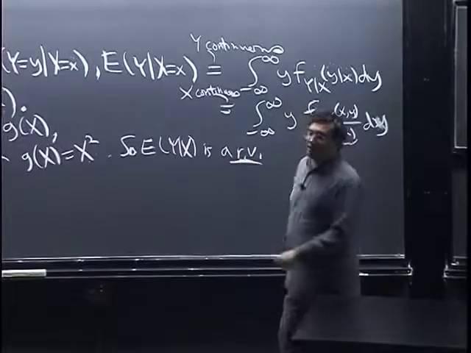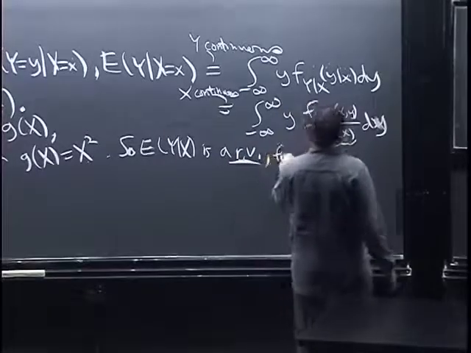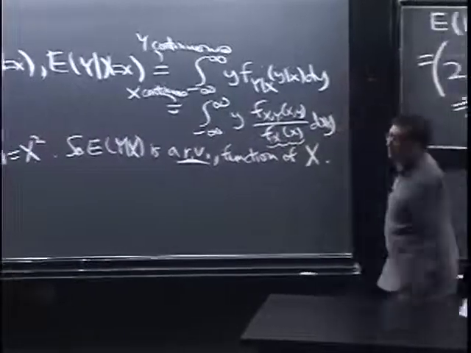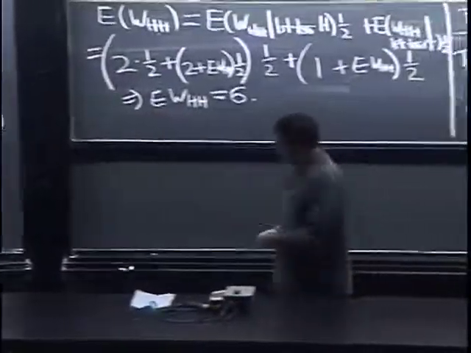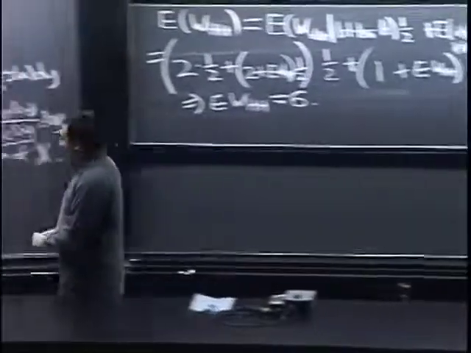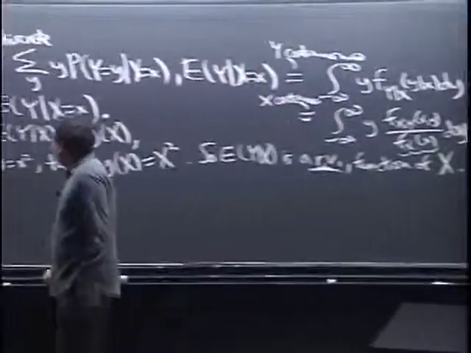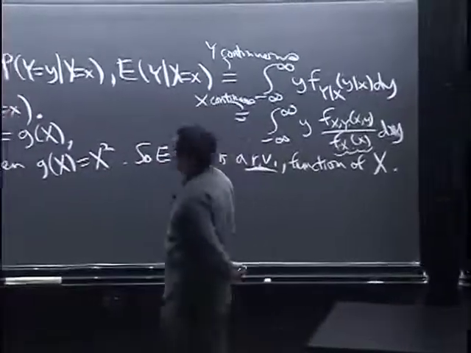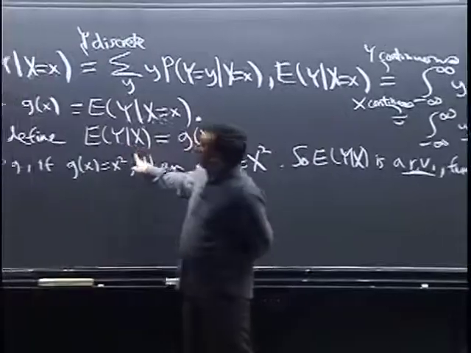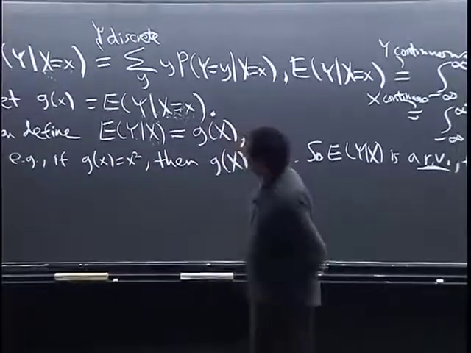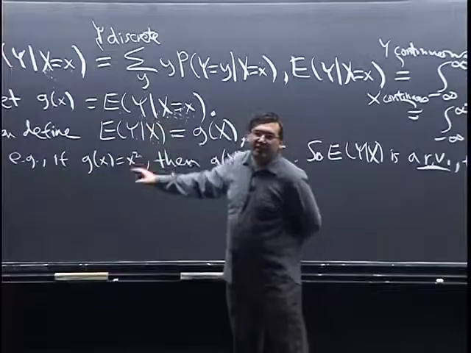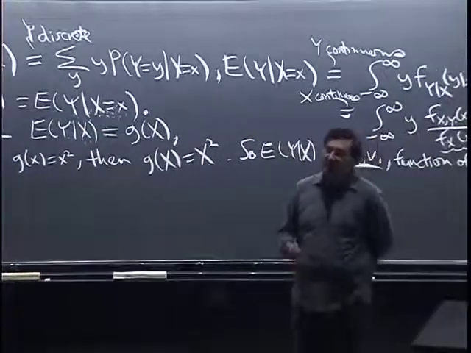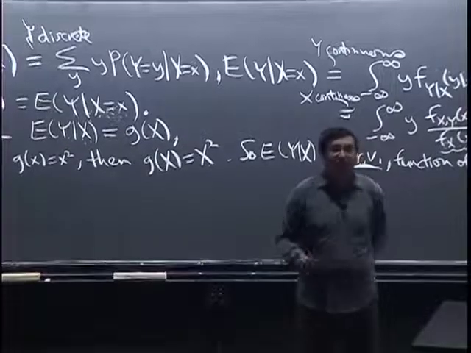It's a random variable that's a function of X. It's not a function of Y, it's a function of X. This is the definition, but the intuitive interpretation is that X is a random variable, but let's pretend that we observed X and know what X is, and we then get to treat X as if it's a known constant.